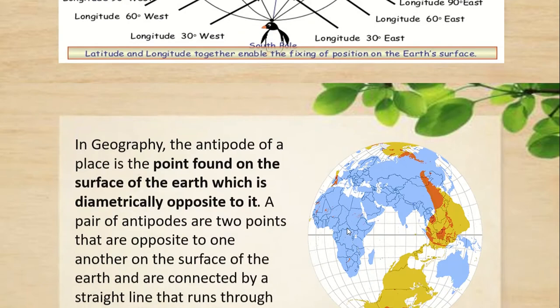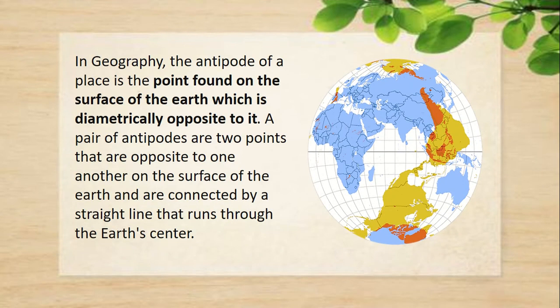Now we will know the antipode. So follow the straight line. I told you the imaginary line from one point to another point through the earth center is drawn towards the side contrary to the earth. So in geography, the antipode of a place is the point found on the surface of the earth which is diametrically opposite to it.